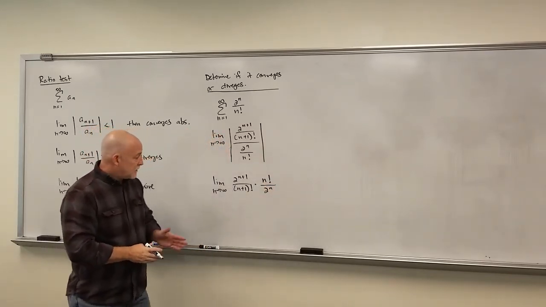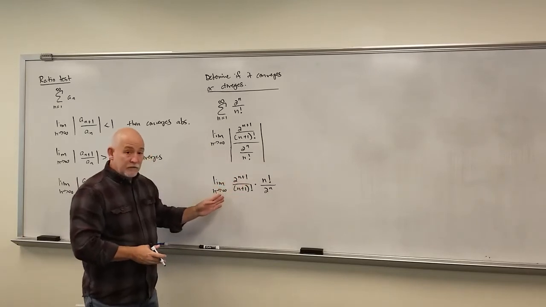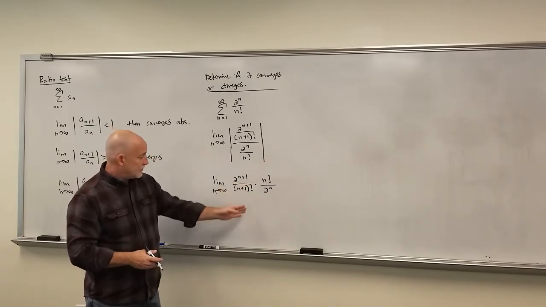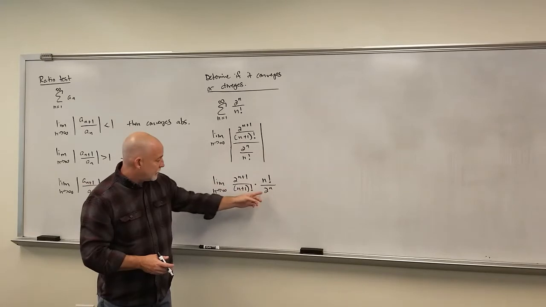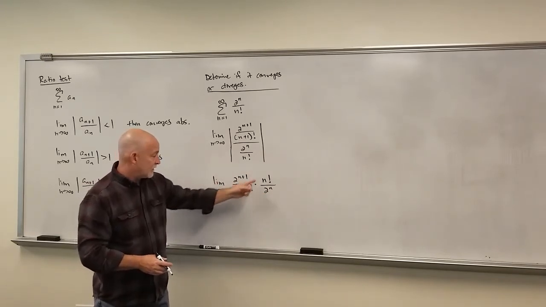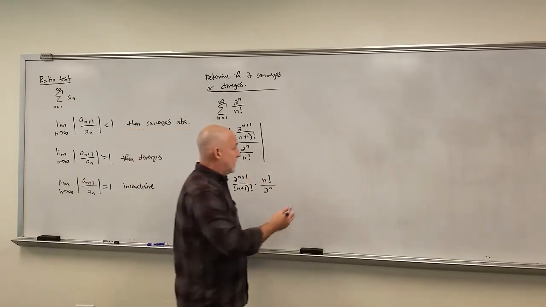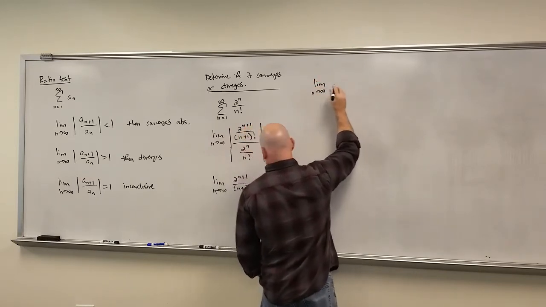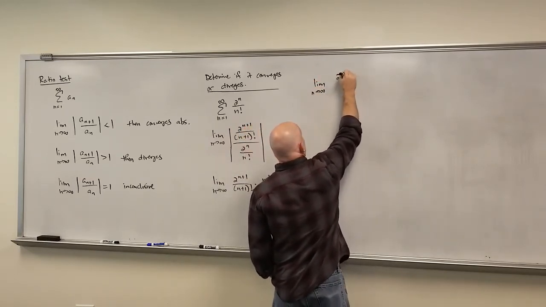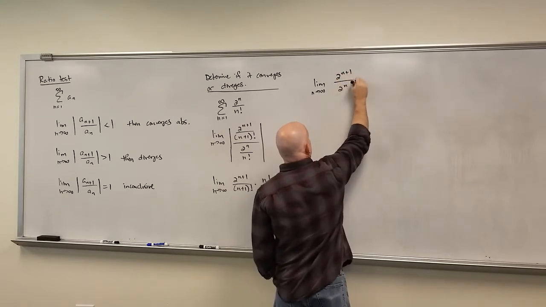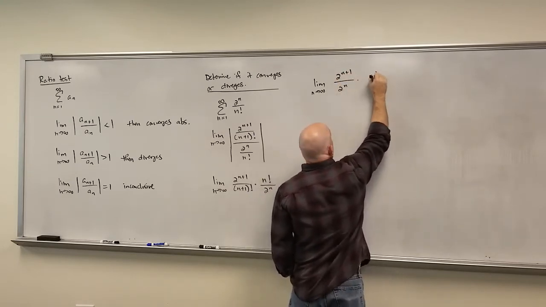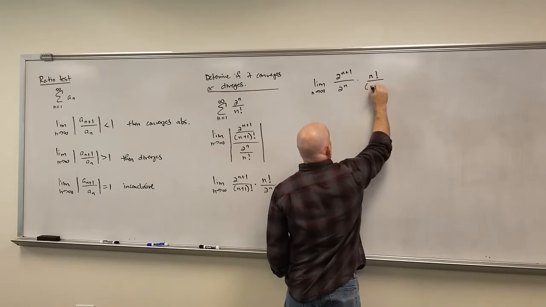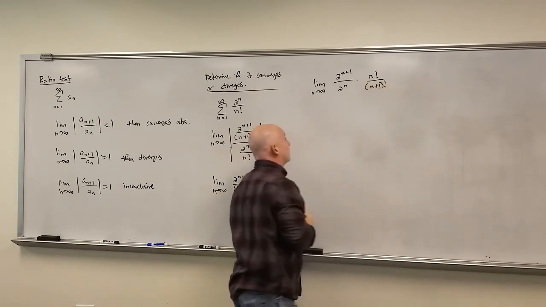Now what I suggest is rearrange these fractions so you have the same type of functions as ratios. Notice I have exponentials and exponentials, so I'm going to line those up, and I have factorials and factorials. I want to line those up, so I'm going to do the limit as n goes to infinity. Let's do, doesn't matter which way, 2 to the n plus 1 over 2 to the n, times n factorial over n plus 1 factorial.